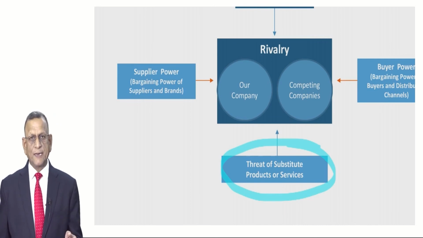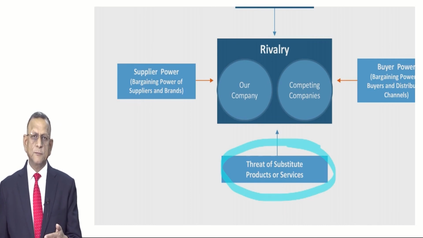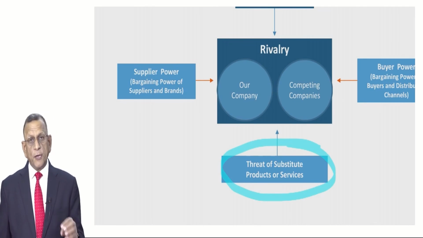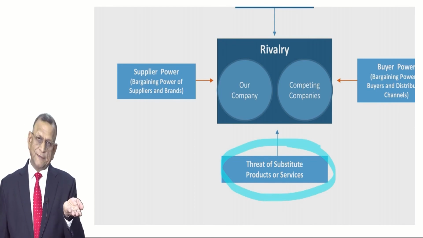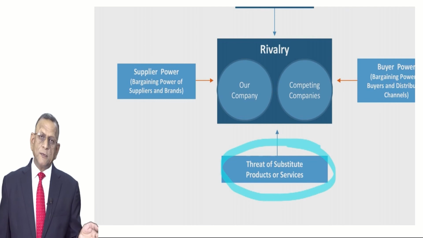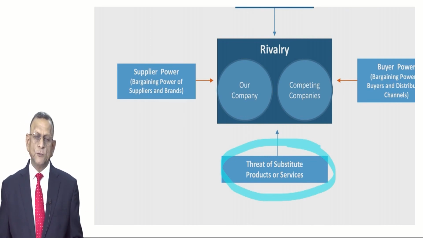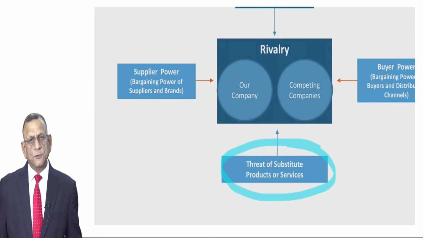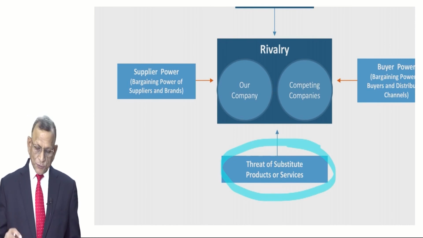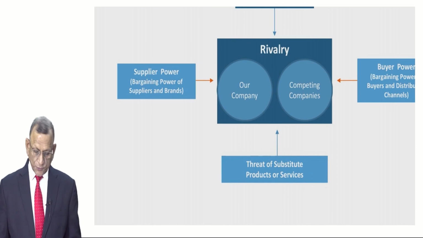For aerated drinks, we have lots of substitutes. The person may go to Pepsi. Even if all the aerated drink companies increase the price, people may go for some other option, not aerated drinks. They may go for juices. They may go for coffee or tea. So this is known as substitute products.